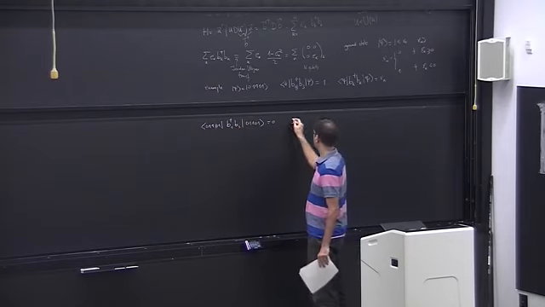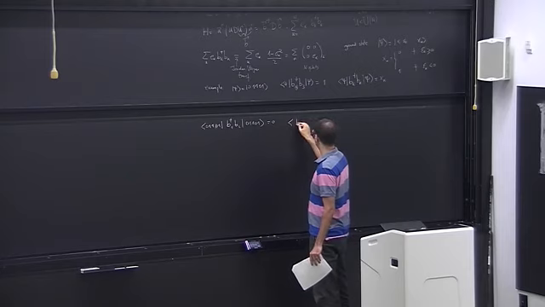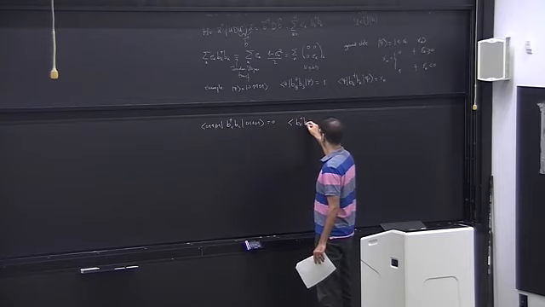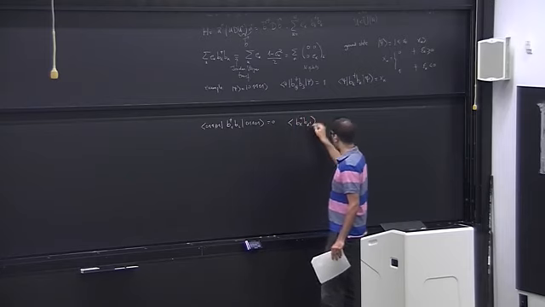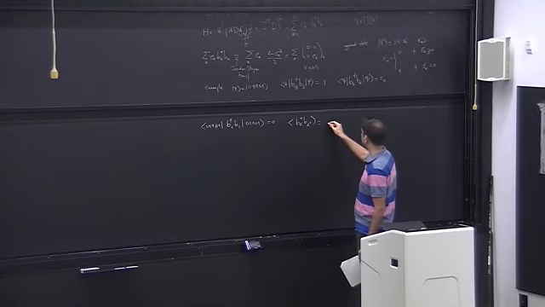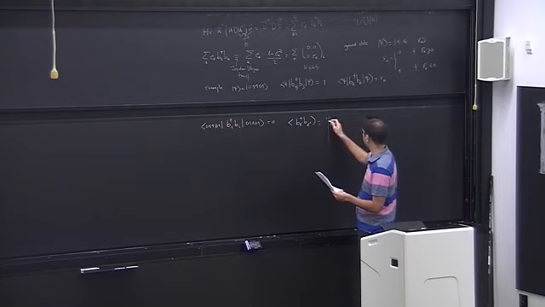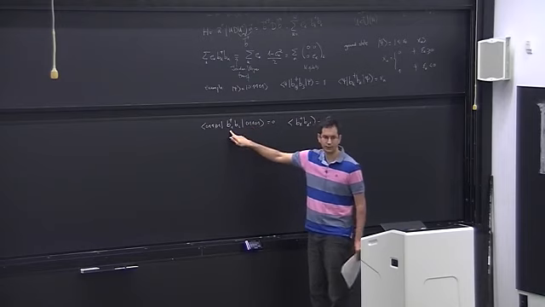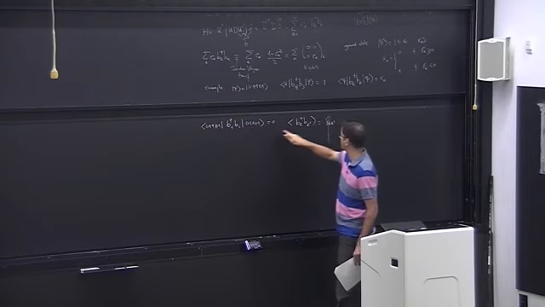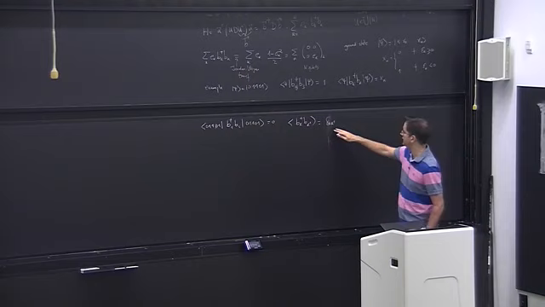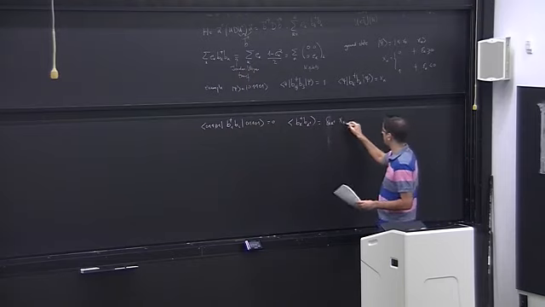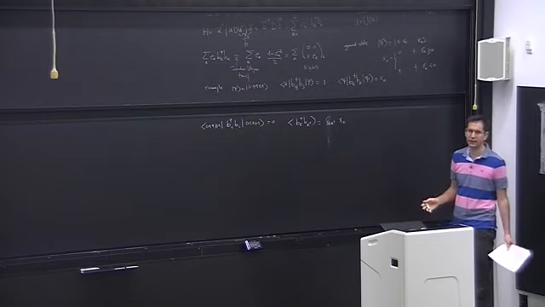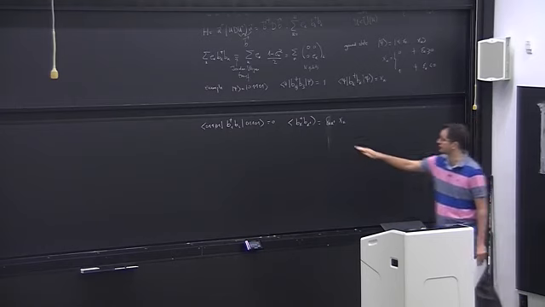So the expectation value of bk dagger bk prime is going to be delta k k prime, because whatever we do on this side we first need to undo, or the overlap is going to be 0. That accounts for this delta, followed by xk.